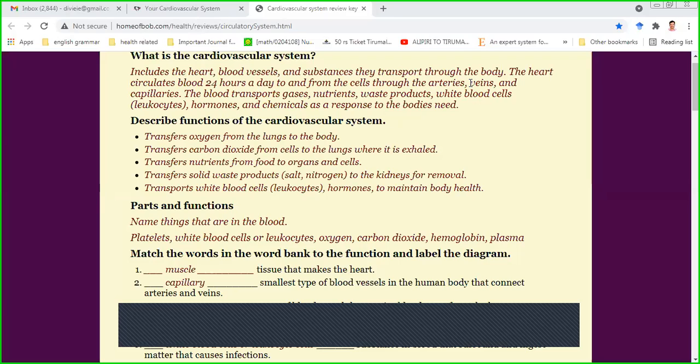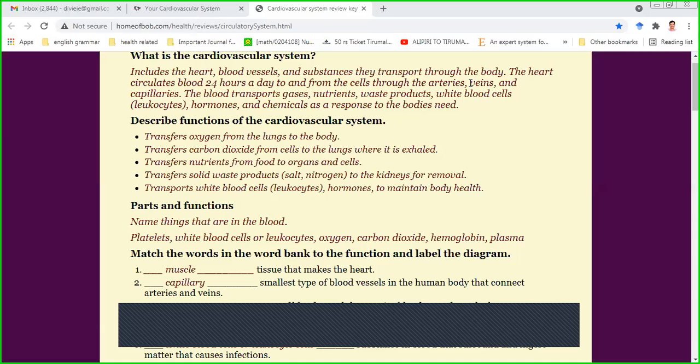So they transmit the oxygenated blood to the remaining parts of the body. And veins collect the low oxygenated blood, meaning the oxygen level is very low, from the remaining parts of the body and bring it to the heart.